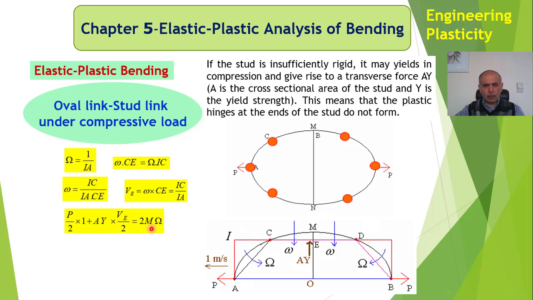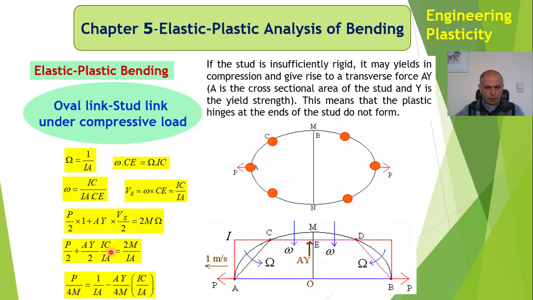And therefore 2m times omega, because we have two big omegas here, and so that's what we get. Simplifying this, we get P over 2 minus AY times VE, which is IC over IA divided by 2, equal to 2m times omega, where omega is 1 over IA.